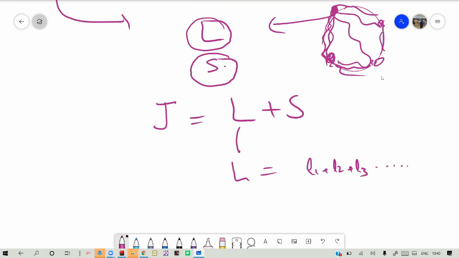LS coupling becomes important in lighter atoms, where the residual electrostatic mutual interaction between electrons and the spin-spin interaction become significant. In LS coupling, we combine the orbital angular momenta, combine the spin angular momenta, then combine these two. After summing them, we get the total angular momentum of the atom. This is how LS coupling is done.